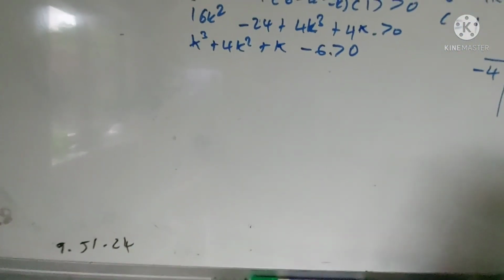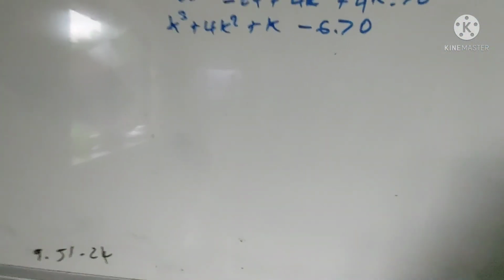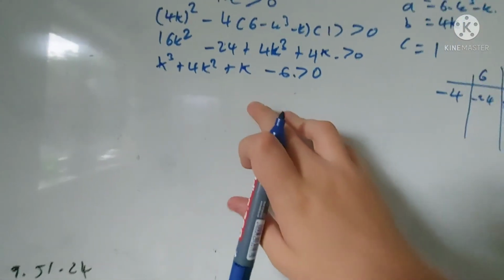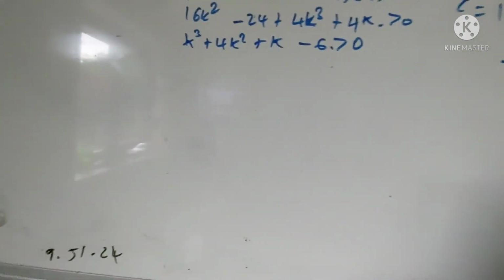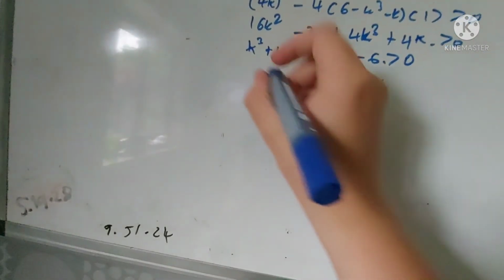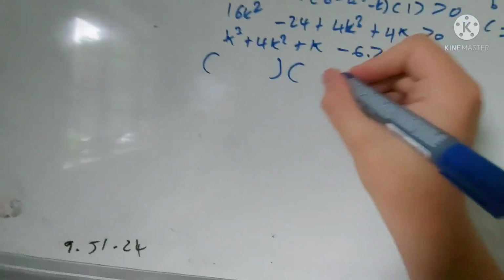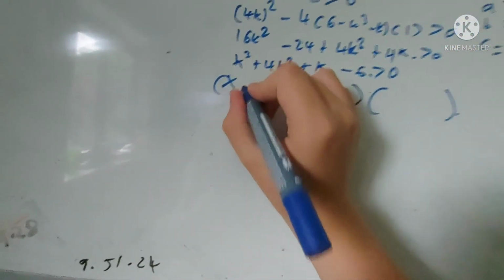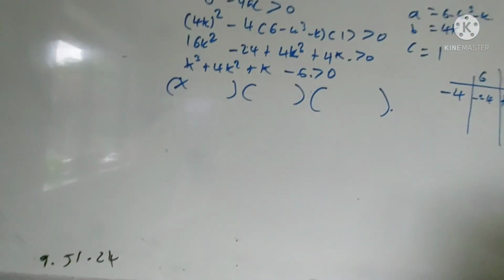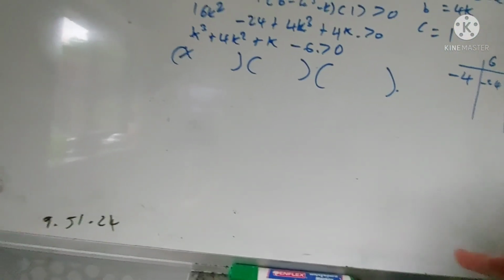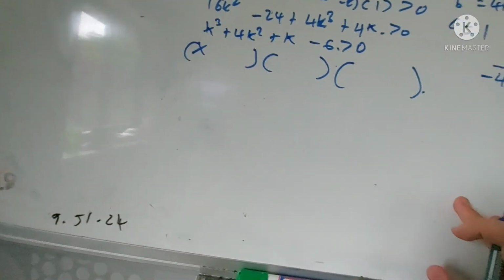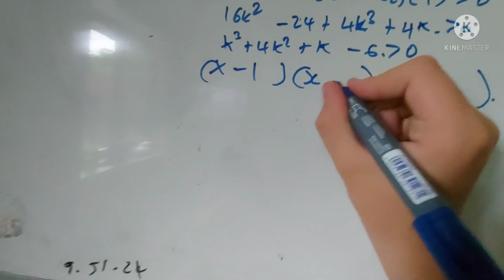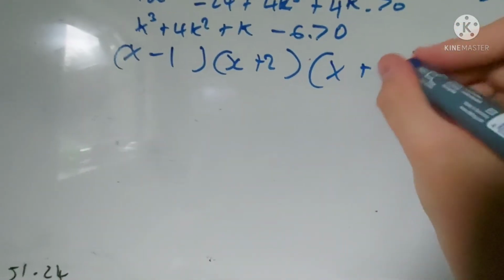There is a cubic solver on the calculator that a lot of you will have. If you don't know how to solve this, there is a cubic function, and it will factorise into triple brackets. We have x, which will usually be plus 1, but in this case it's actually going to be minus 1, and we have x plus 2 and x plus 3.